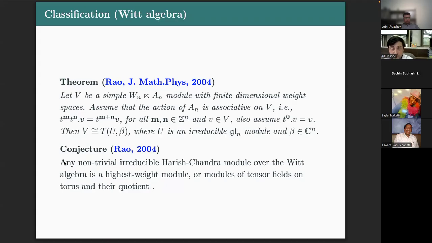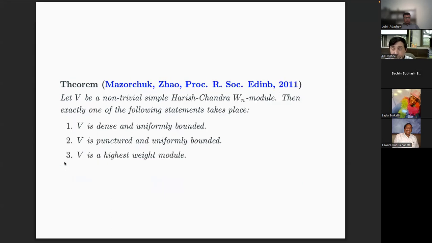As this was an important conjecture, many mathematicians, including Vladimir Mazorchuk and Kaiming Zhao, started their journey, but it was a very tough problem, the main difficulty being the uniformly bounded case.